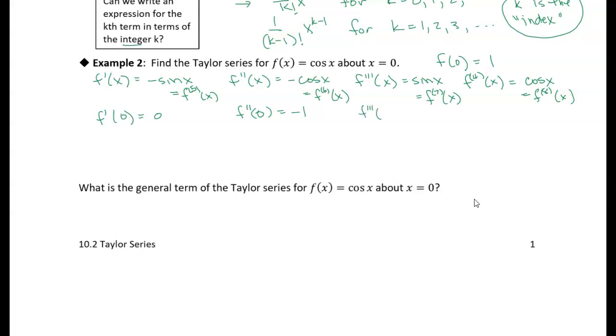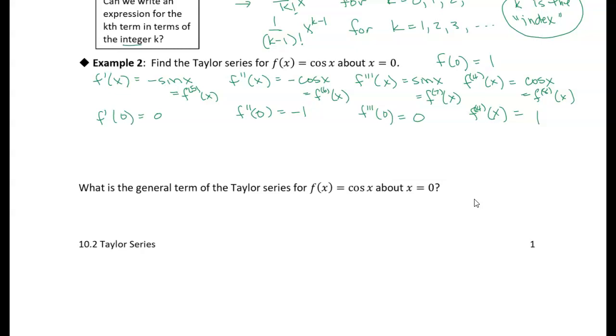And then the third derivative at 0, again, sine of 0 is 0, so we get 0. And the fourth derivative, we just put in 0 into cosine x and we get +1. Okay, and then those would just keep cycling, right?